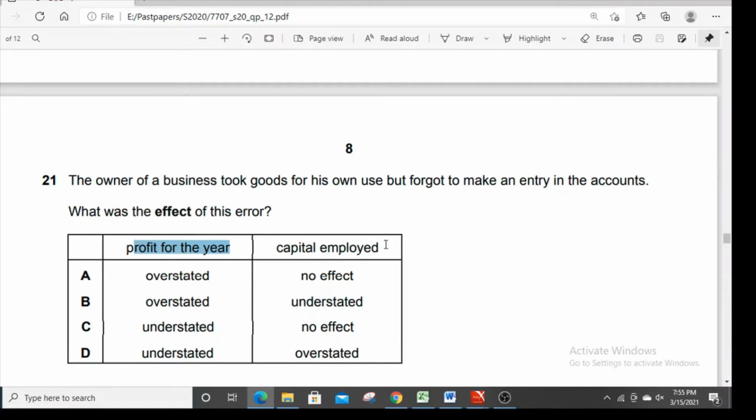As profit for the year is understated, capital employed is also understated with that amount. So, overall, with understatement of profit and with understatement of drawings, capital employed has no effect. So, the final answer is C, where profit for the year is understated and capital employed has no effect.